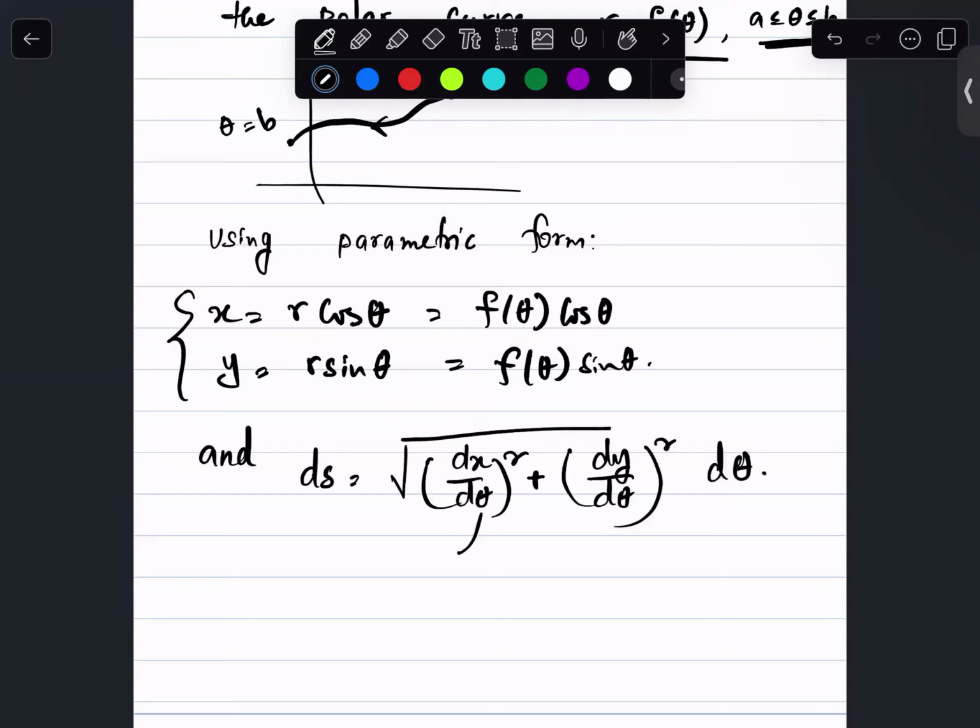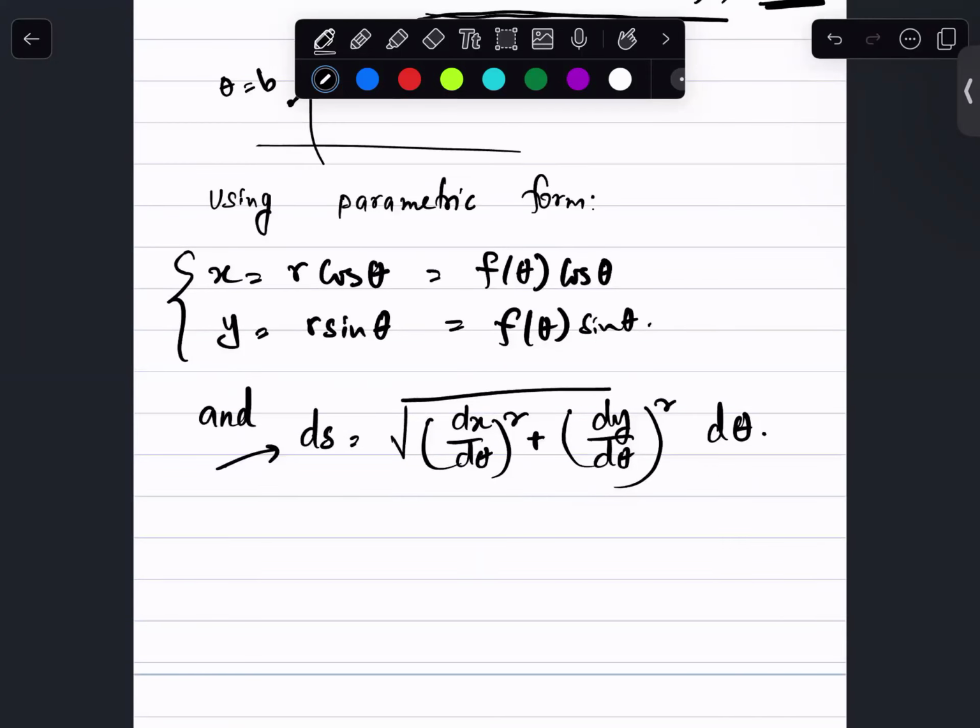Just that instead of theta, there was t or some other parameter. But theta is an independent variable, just like t. So it doesn't matter if I use theta or t, both are the same thing. So basically I have to simplify this expression now using several other formulas that we have.